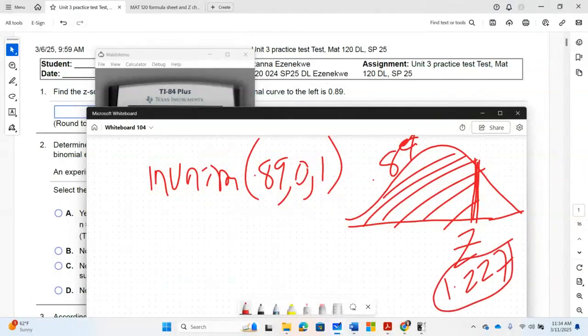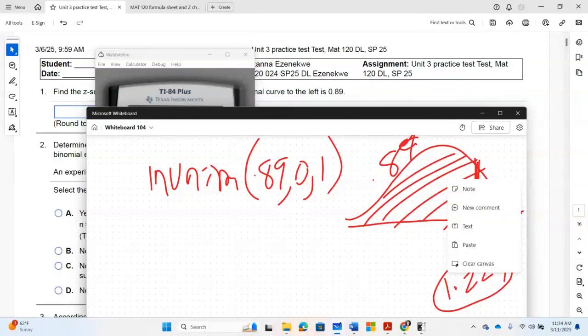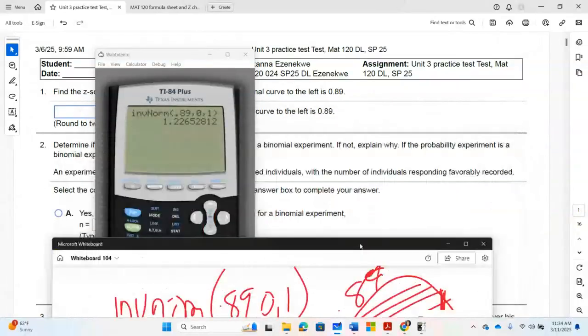So whenever you're given area inside the normal curve, you could be told to find the z-score. And whenever you're told to do that, you're going to use inverse norm. Okay, so let's look for another one.